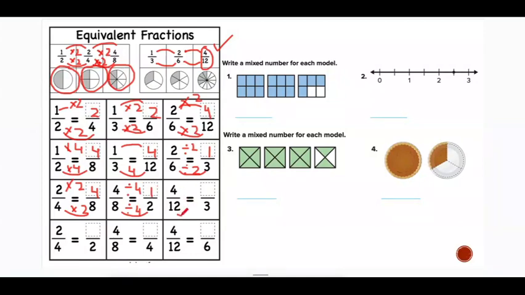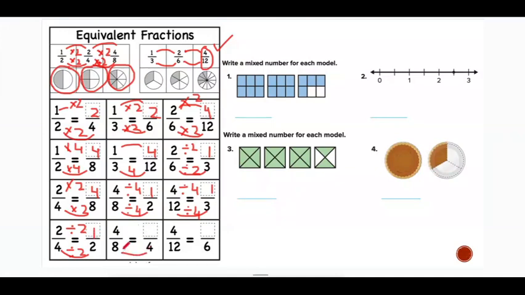Now 12 is bigger than 3, so again it will be a division. 12 divided by 4 is equal to 3, and 4 divided by 4 is equal to 1. Again 4 is bigger than 2, so it's a division. 4 divided by 2 is 2, and 2 divided by 2 is equal to 1.